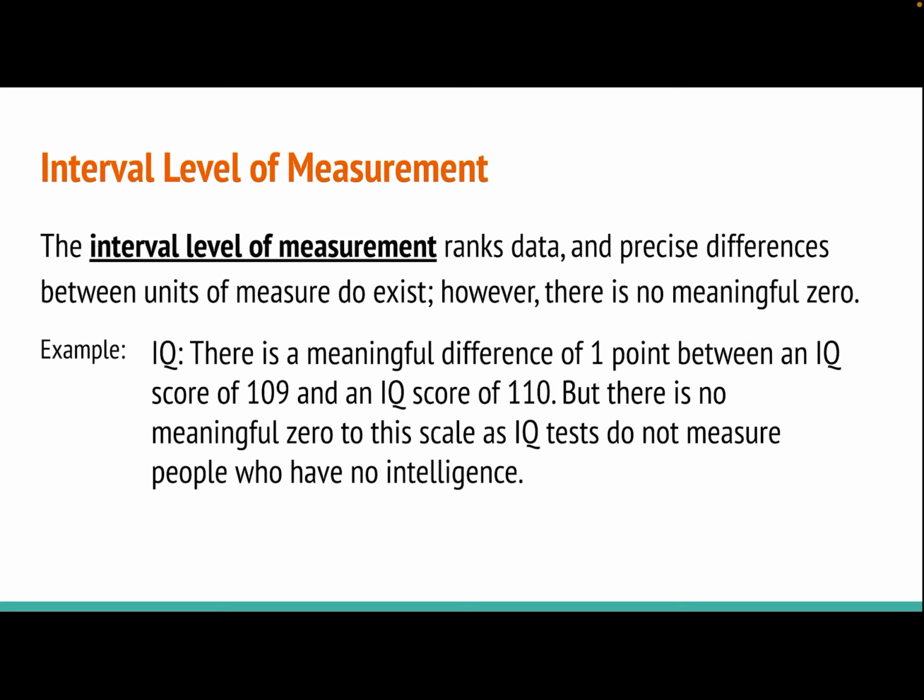So if someone had a 109 IQ versus somebody with a 110 IQ, 110 is considered better than 109. But there's no meaningful zero in this because an IQ test would not measure somebody that has no intelligence at all. No matter the person, there is some type of intelligence in that person. So you could not give it a value of 0. So there's no meaningful zero in this. This is an interval level of measurement.